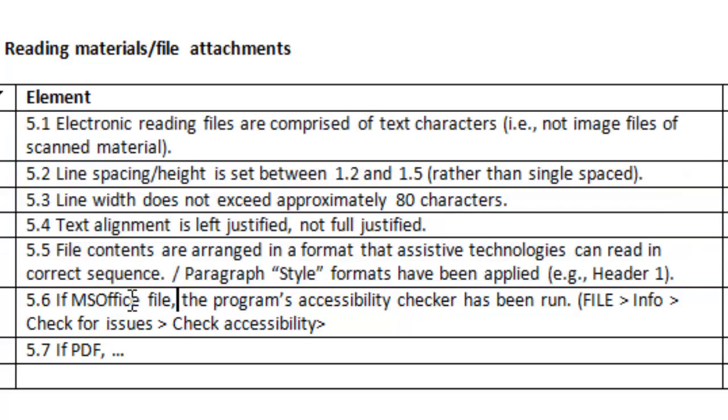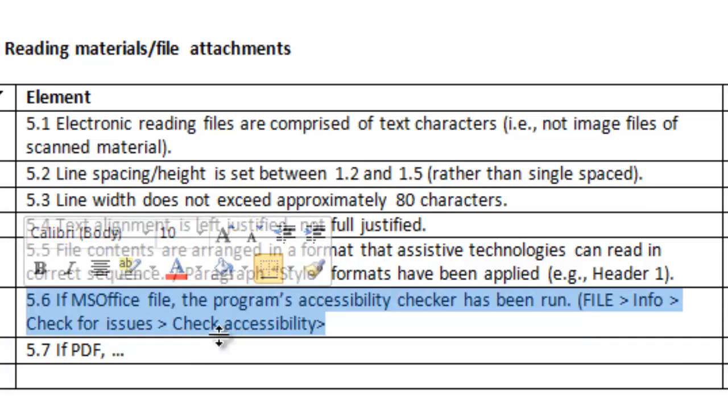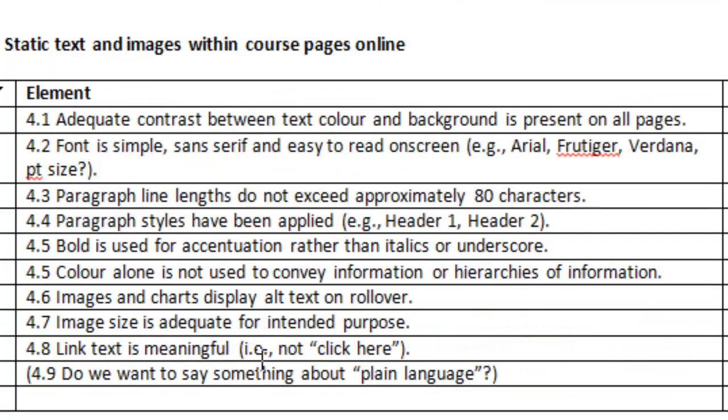And then I had things like this, 5.6: if this is an MS Office file, the program's accessibility checker has been run, with a hint on how to run the checker, which will not only identify items that are not accessible, but also indicate how to fix them. So maybe we might decide that that's okay, or maybe we prefer to unpack everything in greater detail.